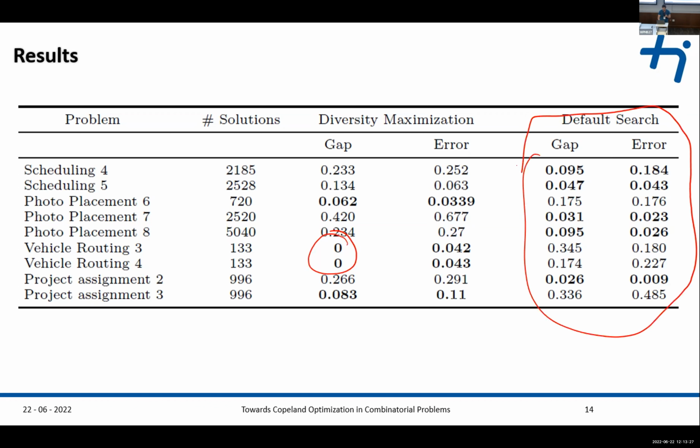Sometimes, even in photo placement, we got far off with the diversity maximization. So we have a pretty high gap of the chosen winner, and the error of what we believe it is is also pretty high. So this is like Real Madrid just playing a lot of third-tier clubs and believing that this was representative of the Champions League, so to speak.